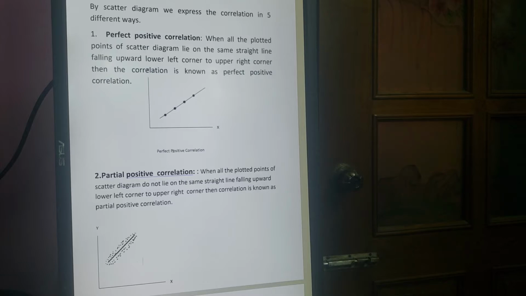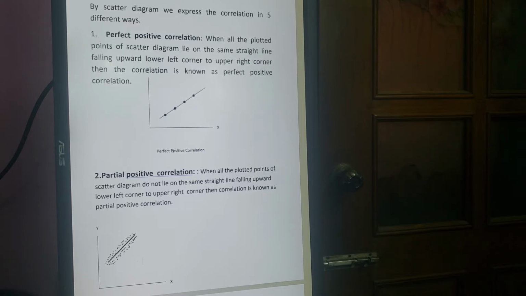As I discussed in my previous class, simple correlation is of 5 types: perfect positive correlation, partial positive correlation, perfect negative correlation, partial negative correlation, and zero correlation.